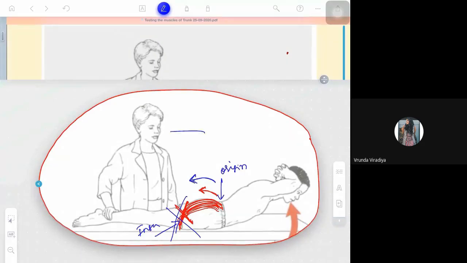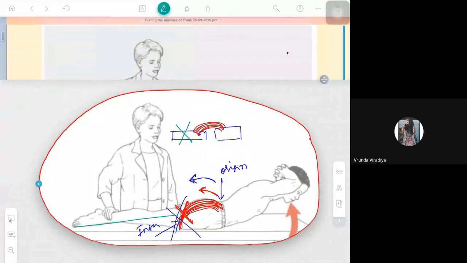This is femur and this is pelvis and this is gluteus muscle. Here femur is fixed. So what will happen if the muscle is contracting?